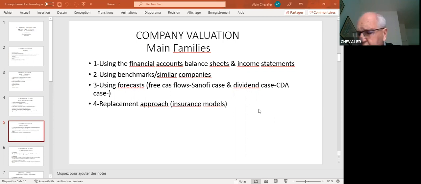We will use, of course, the EBIT, the EBITDA, and what you call the operating earnings or net earnings, to calculate values. This is what you find in point 2, in fact: using benchmarks and similar companies. And the question is, how many similar companies, how many benchmarks, do you need? Only one?